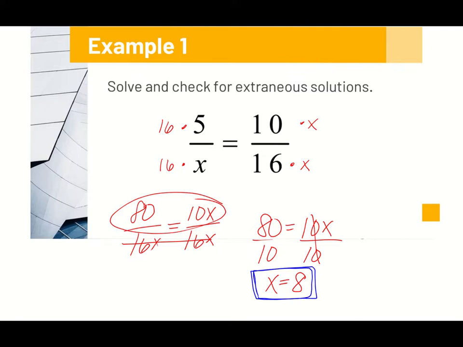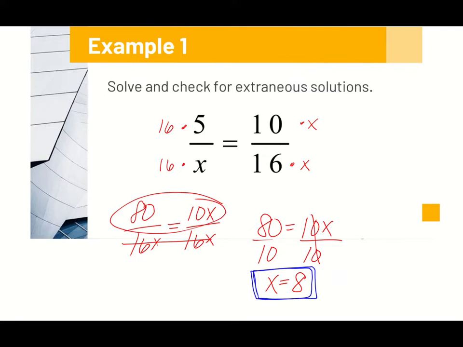So to check to see if something's extraneous, look at the denominator, and remember we said what makes the denominator not work? Well, when it's 0, because that gives us an undefined answer. So obviously if we have a whole number in the denominator, that doesn't do anything against us. It just is that number, which is fine because it's not 0.